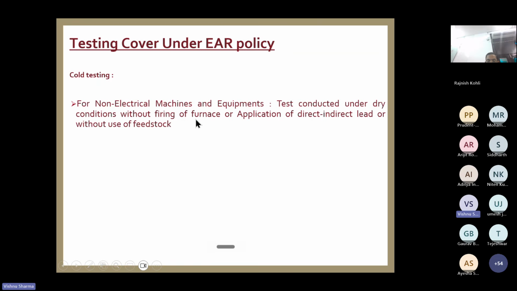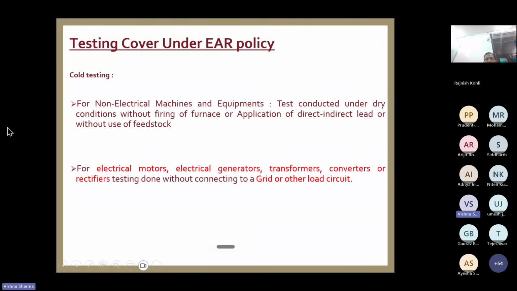Dry condition means without firing of the furnace, no heat is given, no application of direct or indirect load, or without the use of feedstock. Feedstock means raw material. No raw material is fed, just a dry run. Like an electric motor, you plug in, switch on, just see whether the motor is running or not, switch off. This is cold testing.